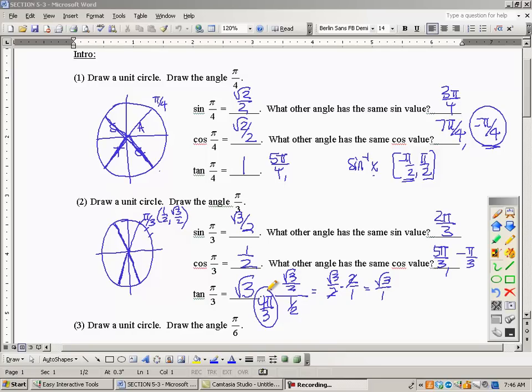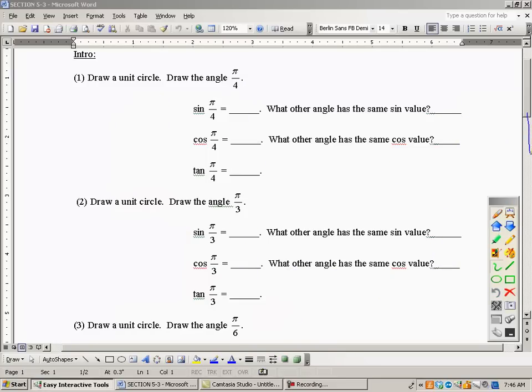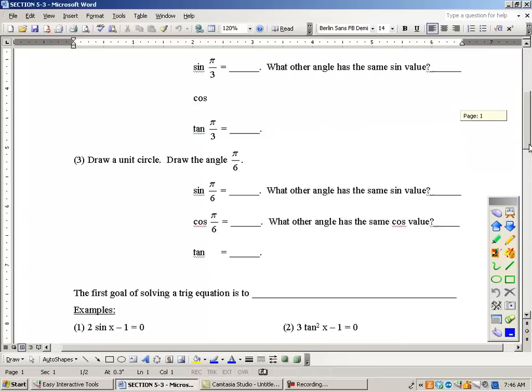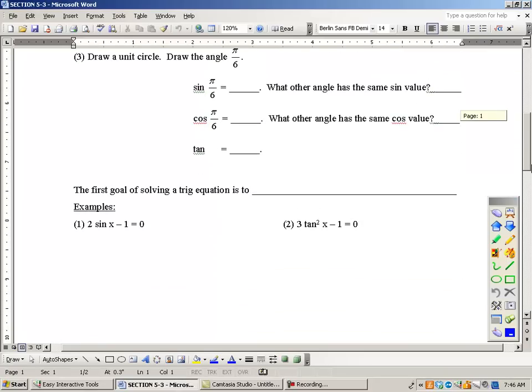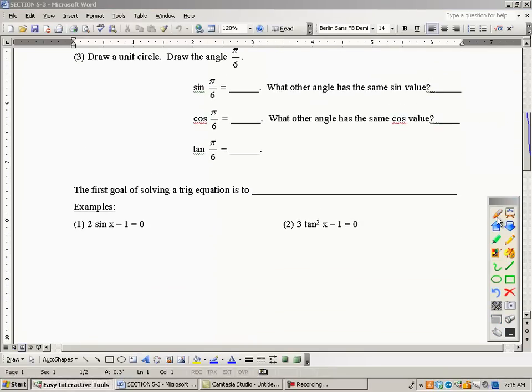Okay, so let's do one more thing. Let's try the pi over 6, and then we'll actually get into today's lesson. As you look again at a unit circle, pi over 6 is the same thing as 30 degrees, so we're looking at this angle. The sine is 1/2. The cosine is square root of 3 over 2.